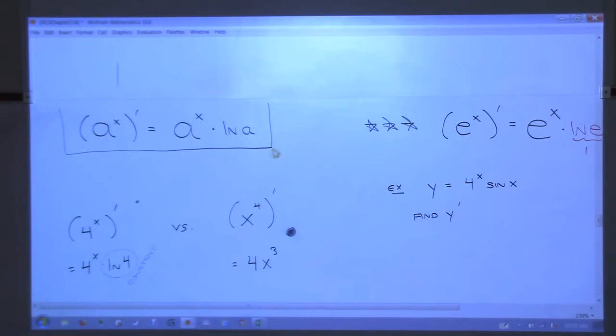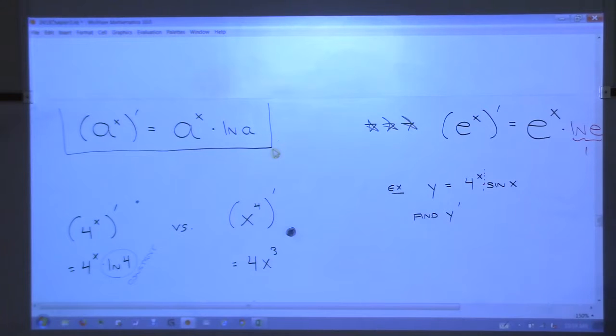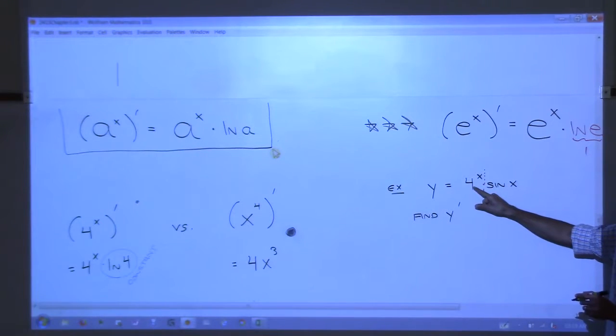What are you going to have to do to take the derivative of this? Product rule. There's a product right there, so you have to do the product rule. The derivative of 4 to the x first times this plus the derivative of this times this.